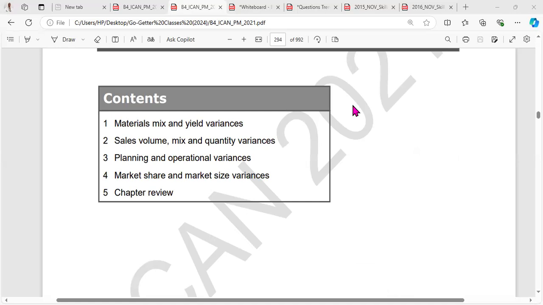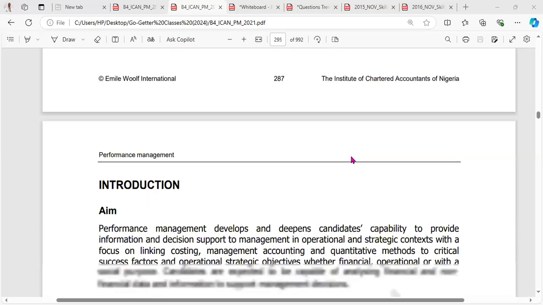Then we're looking at sales volume, mix and quantity variance. Then, of course, the planning and operational variance. Then the market share and market size variance. Now, let's look at all of these as we start our class.